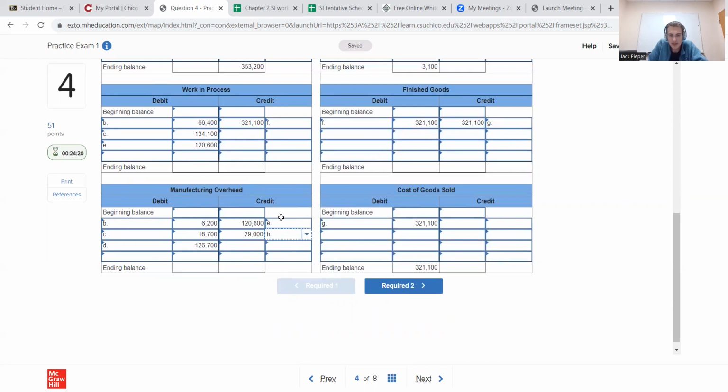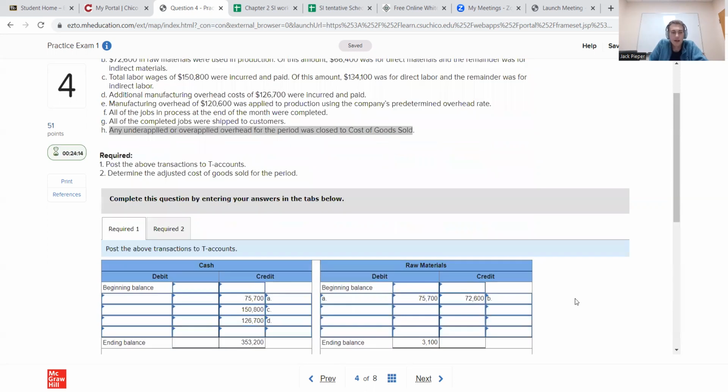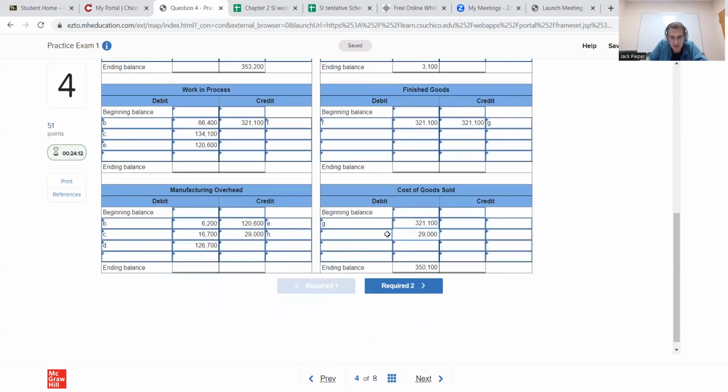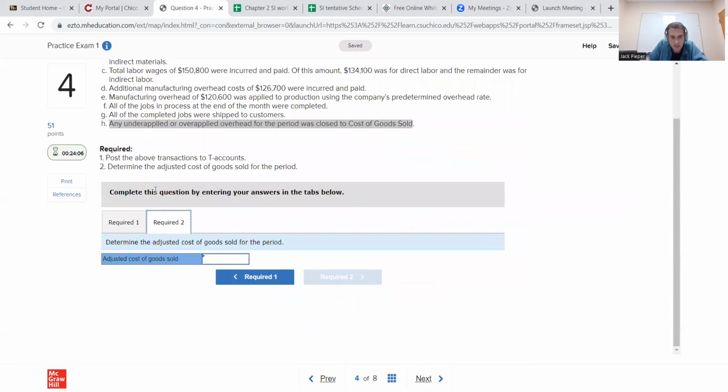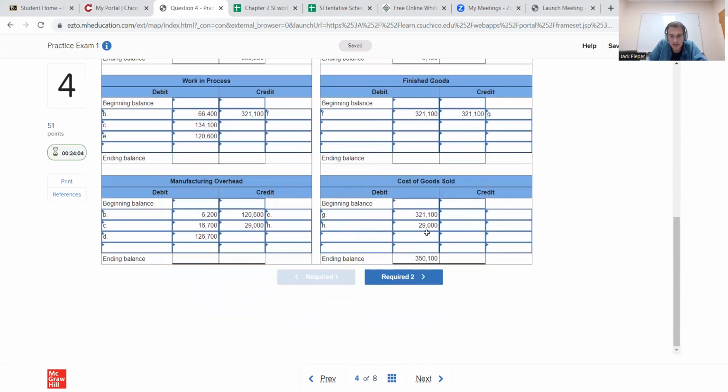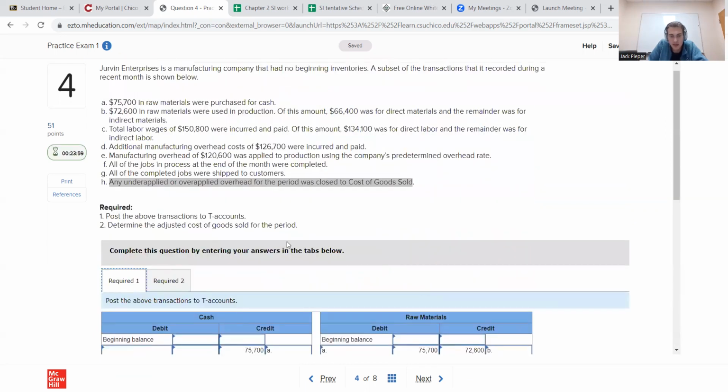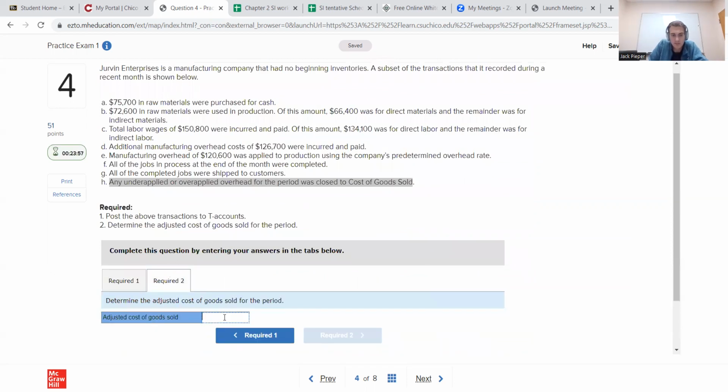And if we credited here, we have to debit here, right? So 29,123. That'll be a debit to cost of goods sold. Cool. That's it. All right. And then our adjusted cost of goods sold, it auto sums it. So we're going to do 350,100.